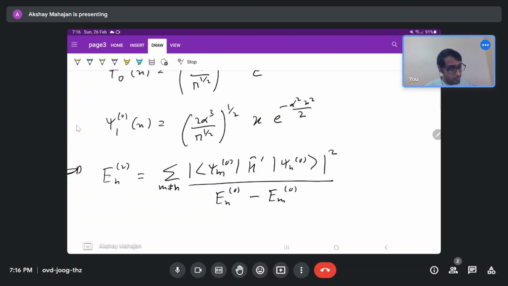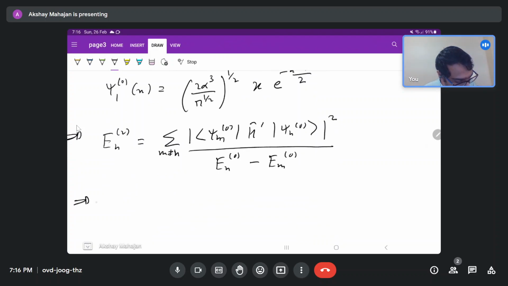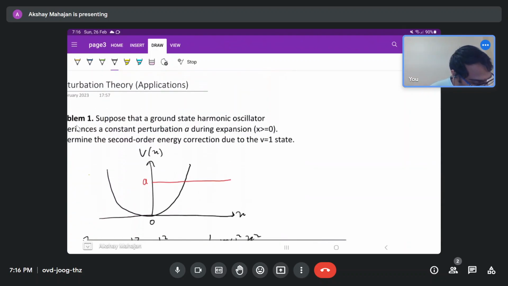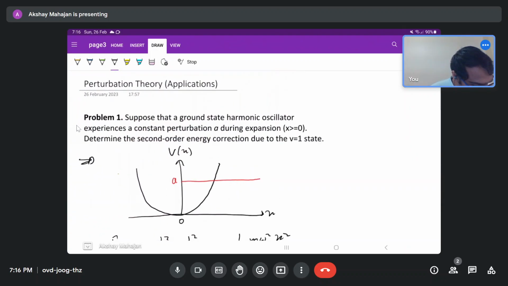Now we need to find this correction for the v equals 1 state, and we are considering only the contribution due to the second order energy correction.